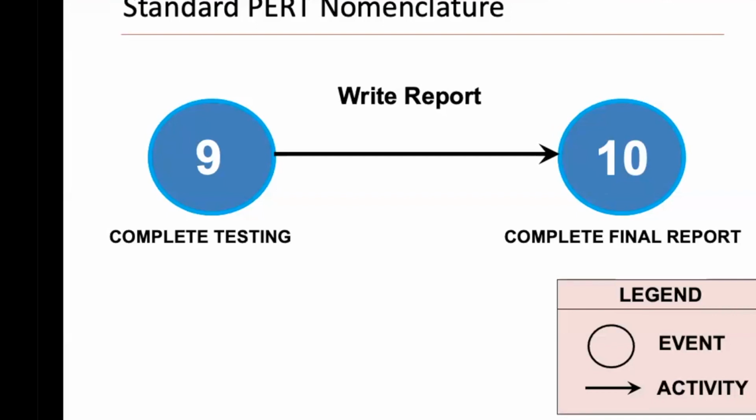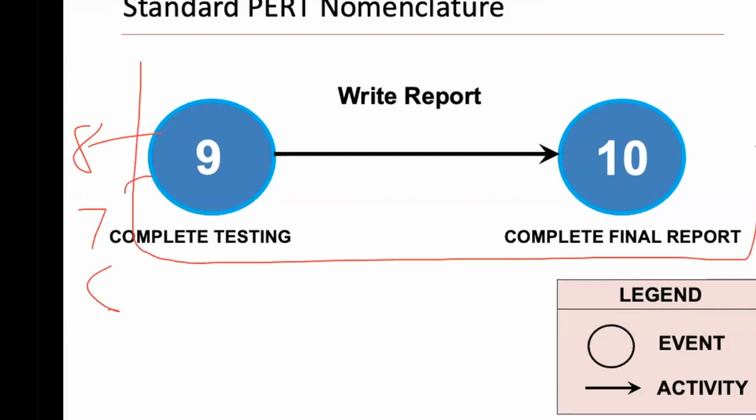Is that clear? Can you clearly understand what is to be done? There are all other activities before this, activity 8, 7, 6, whatever. I'm just showing you here. Do you understand what is to be done here?